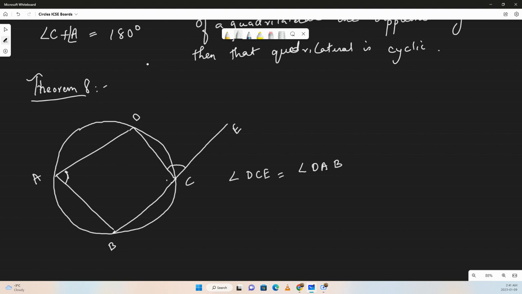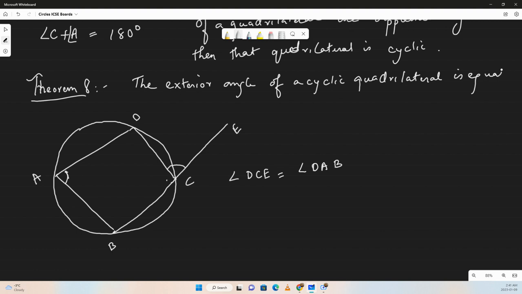So let me write that down in words. The exterior angle of a cyclic quadrilateral is equal to the interior opposite angle.